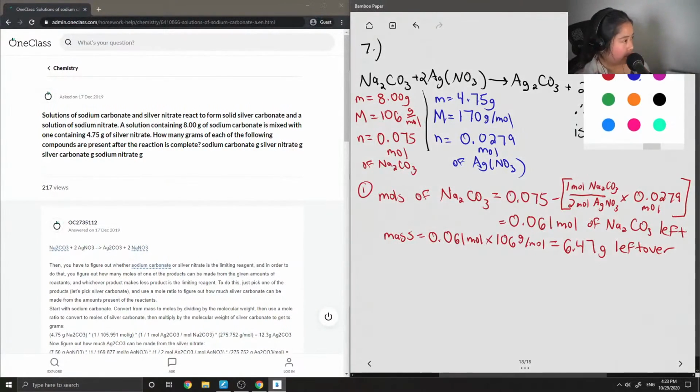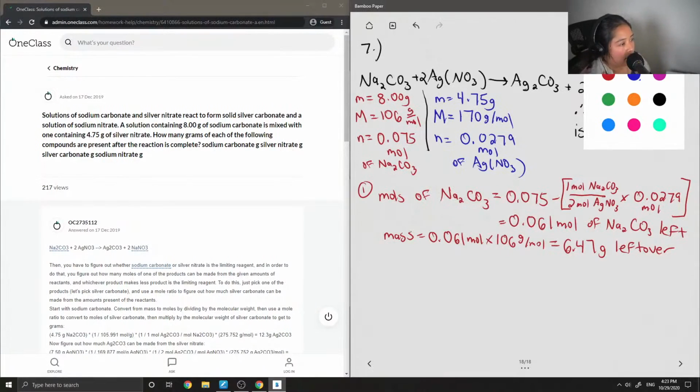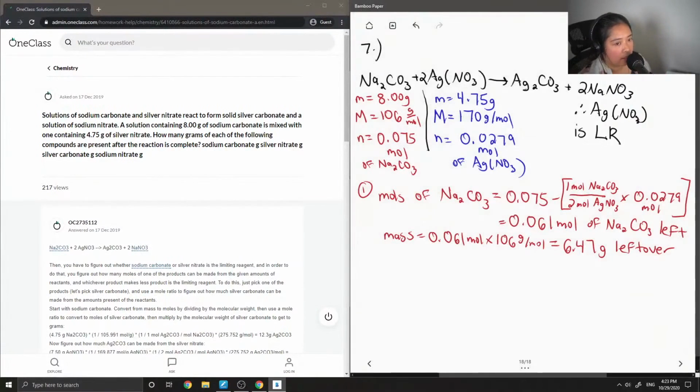Okay, so the second part of the question is how many grams of sodium carbonate are left. So silver carbonate is one of the products that was formed, and it also reacts in like a 1 to 2 molar ratio, but we need to base it on the number of moles of the limiting reagent.